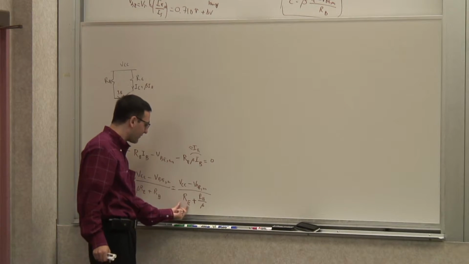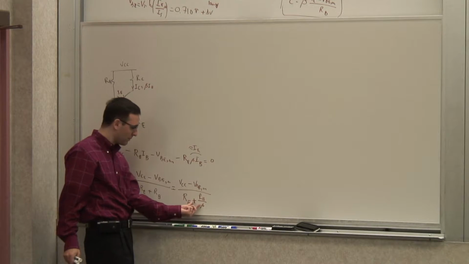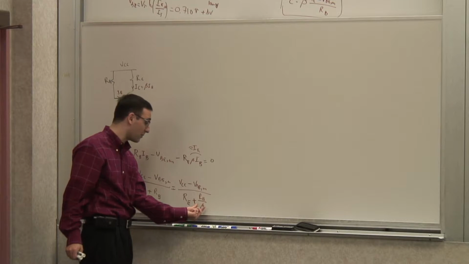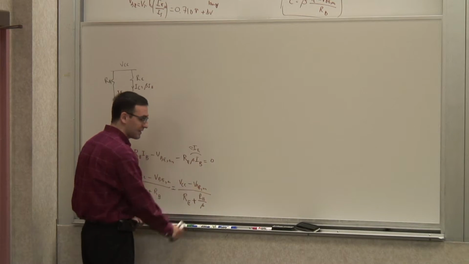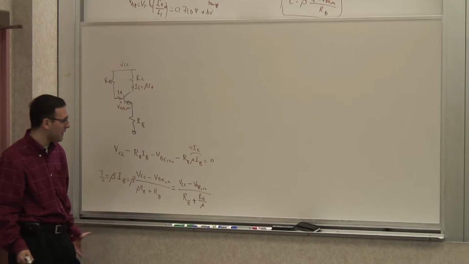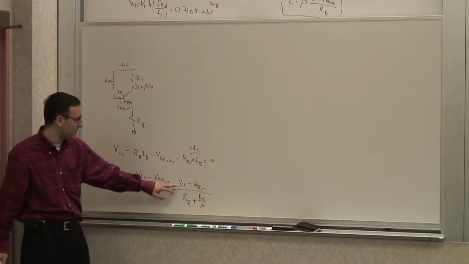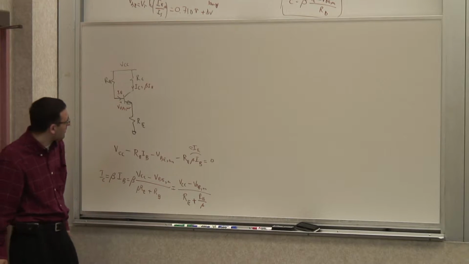But now I have created this term, and if I make RE large enough, then I don't depend on it. In other words, if this is much greater than that one, approximately it will be dominated by this. And that's a good thing. Because now I've eliminated my dependence on beta. I still have dependence on supply, which we'll have to deal with later. But that's kind of reasonable.